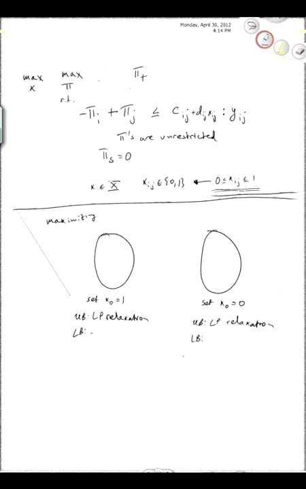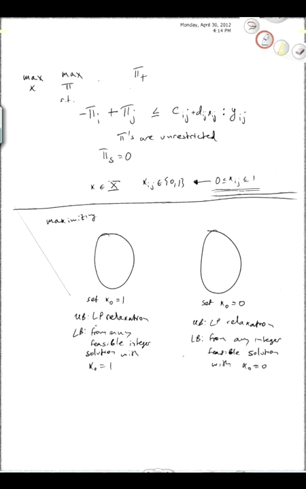For a lower bound, you can get a lower bound from any feasible integer solution with x naught equal 1. And here from any integer feasible solution with x naught equal 0.